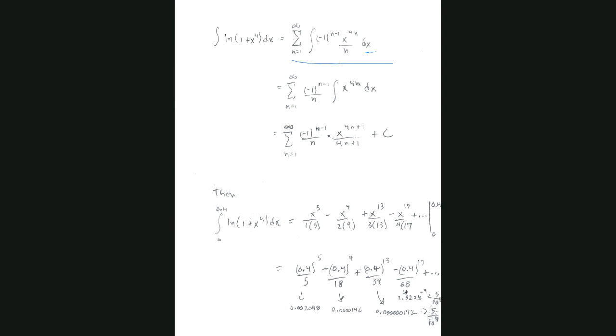And now we have the integral of x to the 4nth power, and we get the antiderivative. And this is where we have the plus constant, because this is a power series representation for this indefinite integral. All right, are there any questions up to this step right here?